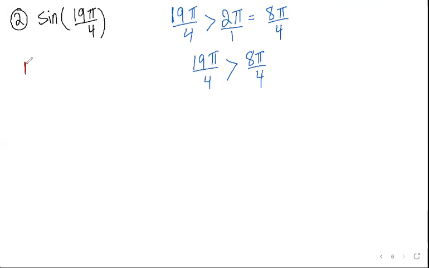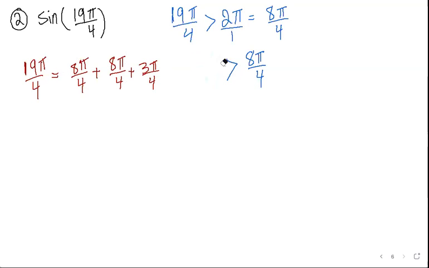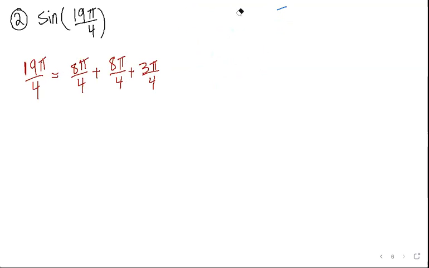Or I can say 19 pi over 4 is equal to 8 pi over 4 plus 8 pi over 4 plus 3 pi over 4. 8 plus 8 is 16, plus 3 is 19.